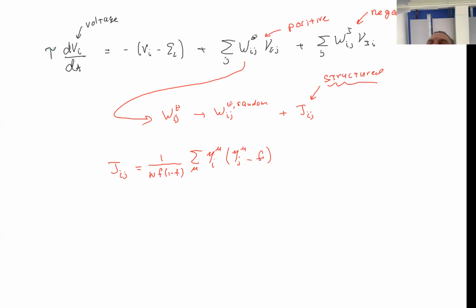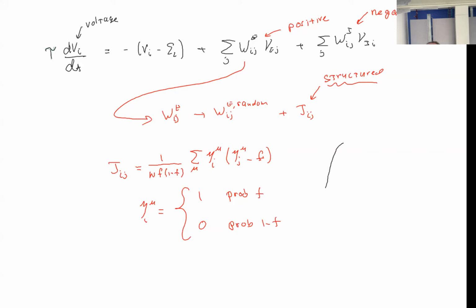Where eta_i^mu equals 1 with probability f and 0 with probability 1 minus f. It's random again, but it's a different structure.